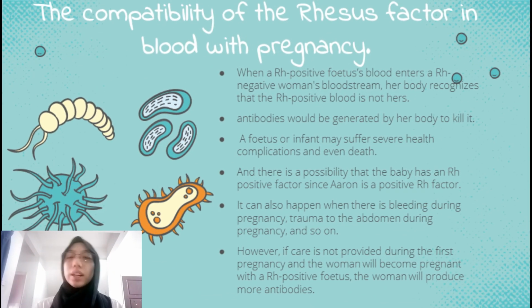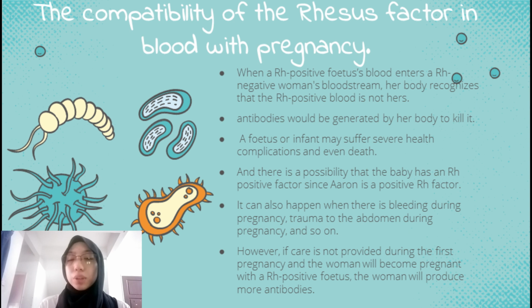As for the second objective, it is about the compatibility of rhesus factor in blood during pregnancy. When Rh positive fetus blood enters an Rh negative woman's bloodstream, her body recognizes that it's not hers. This will cause a problem because antibodies would be generated and destroy the blood cells of the fetus.